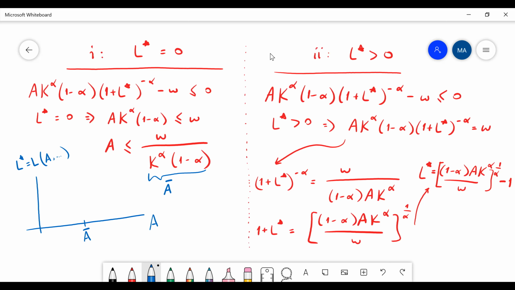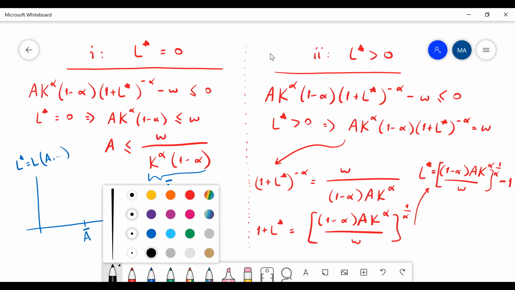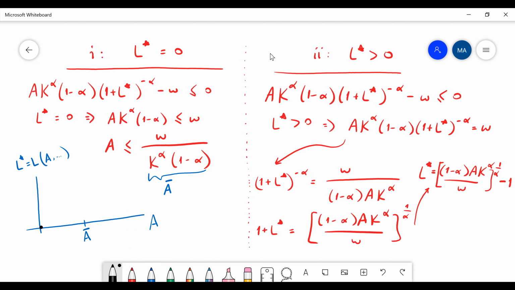If productivity is lower than that, your choice of labor is 0. Okay, so this is 0. After that, it increases.